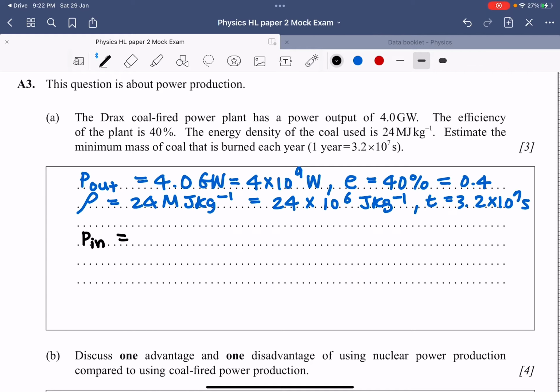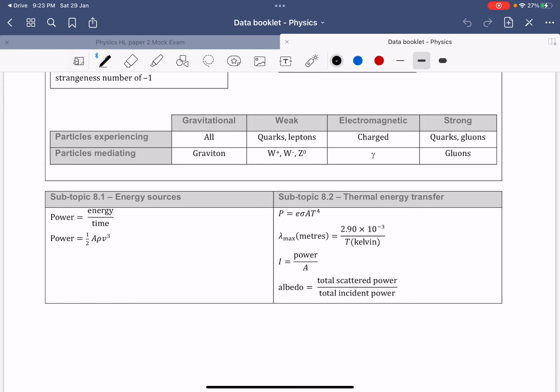So if we convert watts into joules per second, it's 4 times 10 to the 9 joules per second, divided by our efficiency, 0.4, because in our data booklet, we know that power is equal to energy over time.